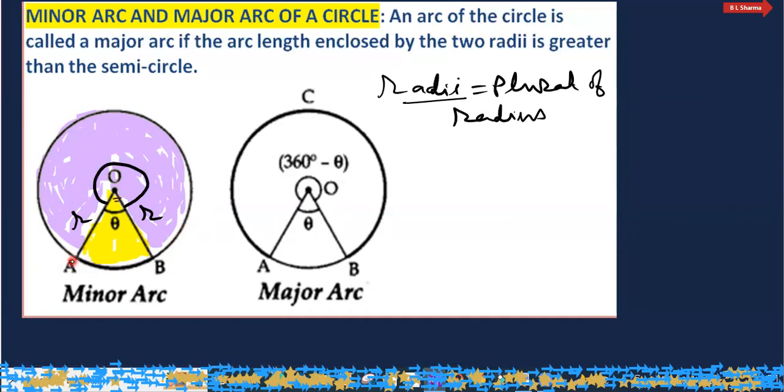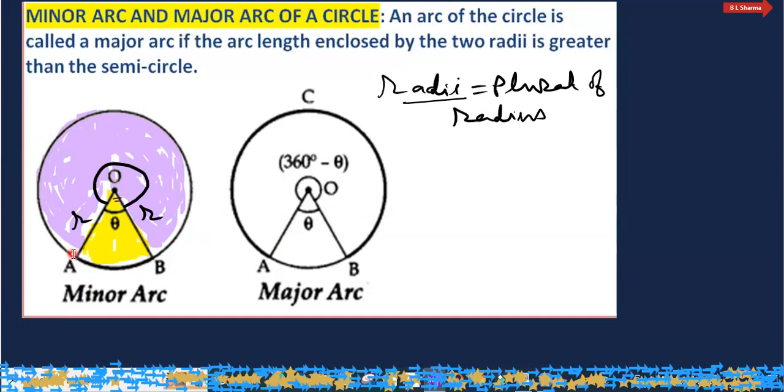That is why a circle has two arcs: the minor arc if the angle at the center is less than 180 degrees, and the major arc if the angle at the center is more than 180 degrees.